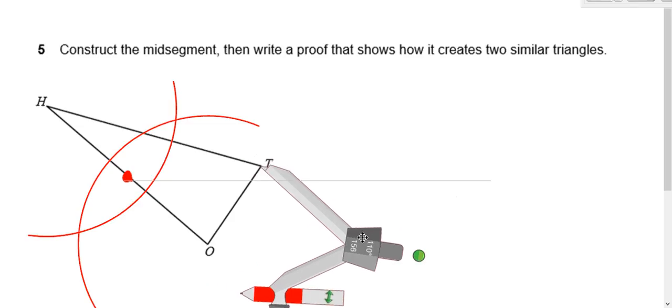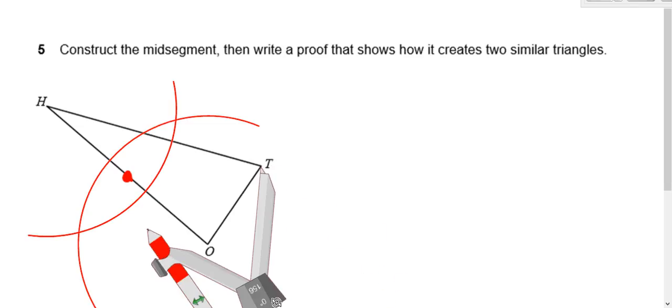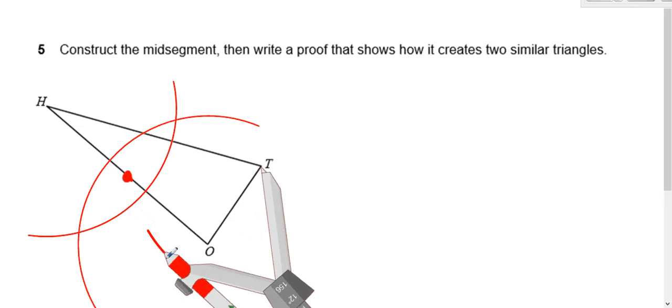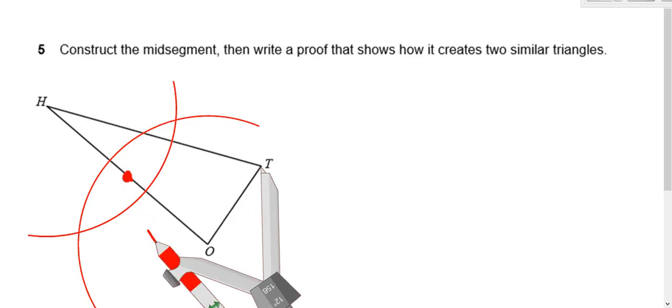Then we're going to do the same thing from T and H to get that midpoint. Make sure it's stretched more than halfway. It is. Change colors.